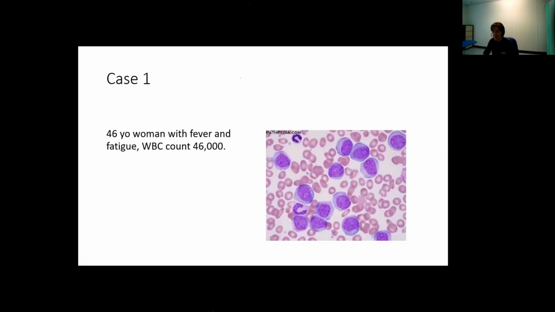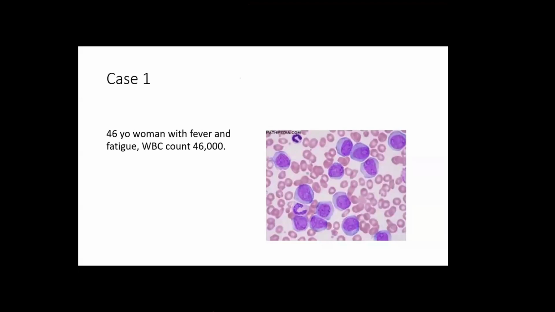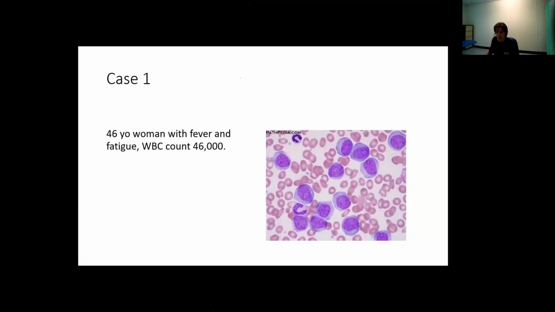So for the first case, I've got a 46-year-old woman with a fever and fatigue and a white cell count of 46. I don't know if anybody wants to tell me what they think is going on here, and it's not difficult.